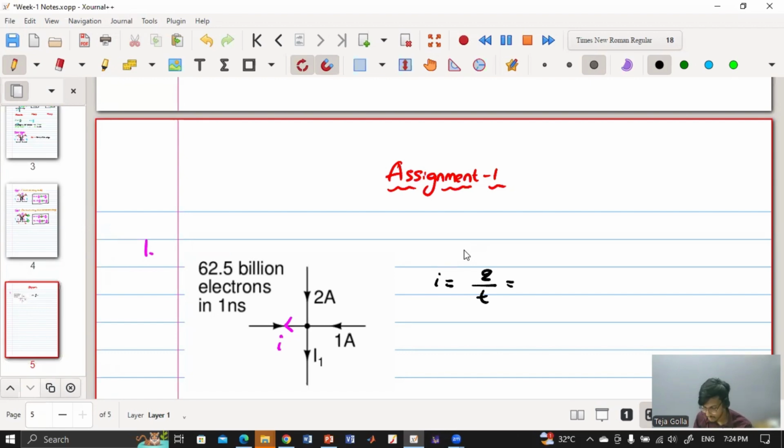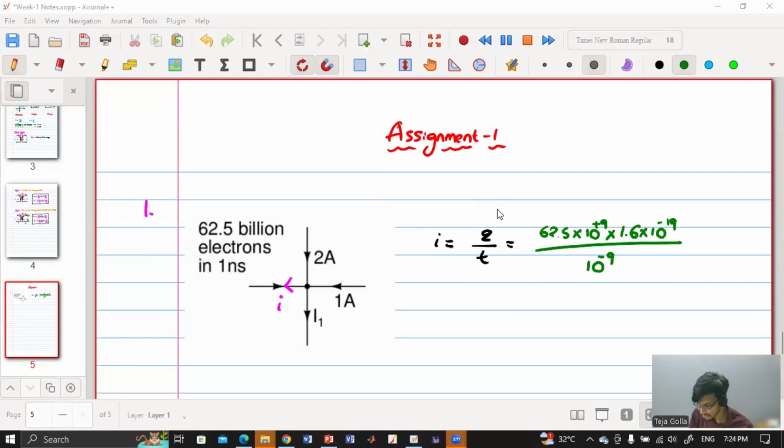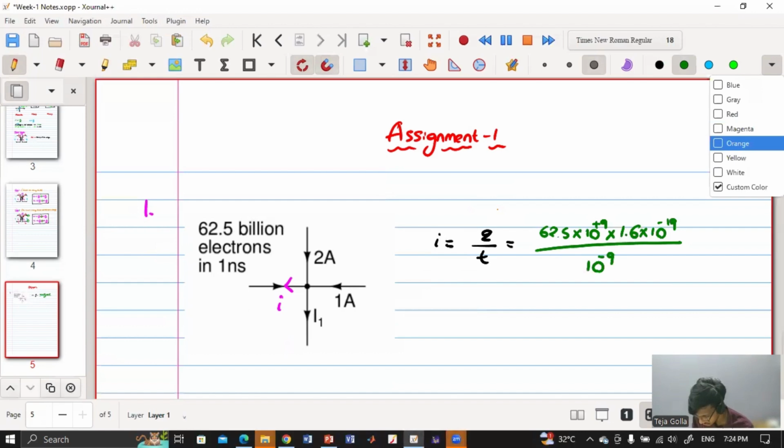Yes, sir. So 62.5 billion electrons, 10 to the power plus 9, into charge of each electron, 1.6 into 10 to the power minus 19 coulomb, by what time? 1 nanosecond, which is 10 to the power minus 9. Can you please calculate and tell me what is the value of I? 10.